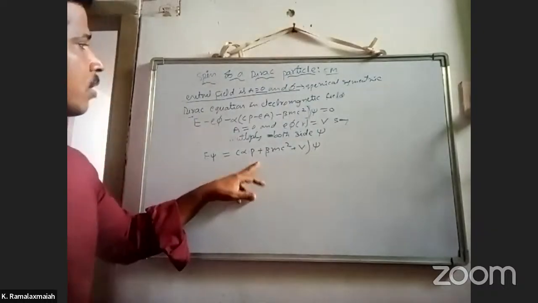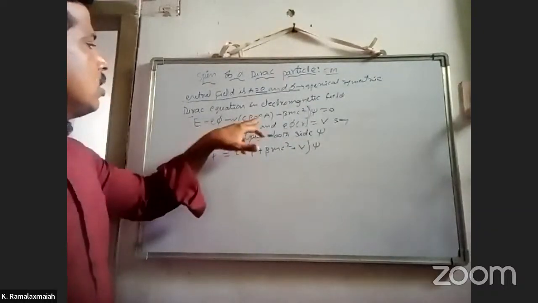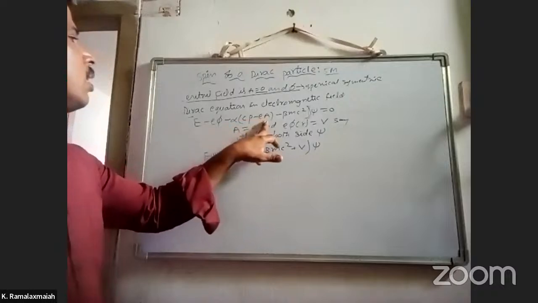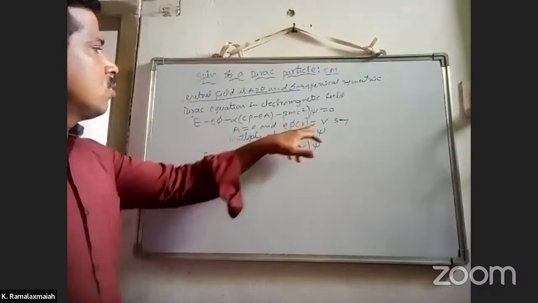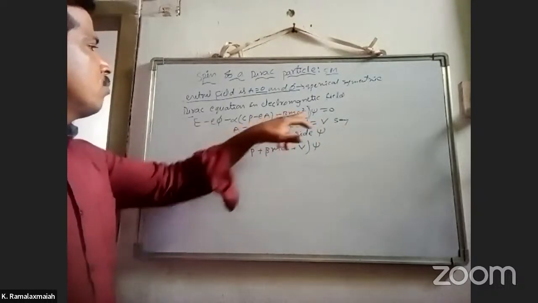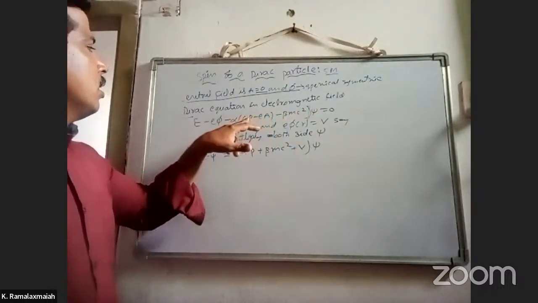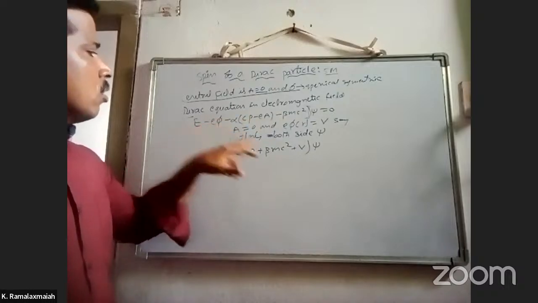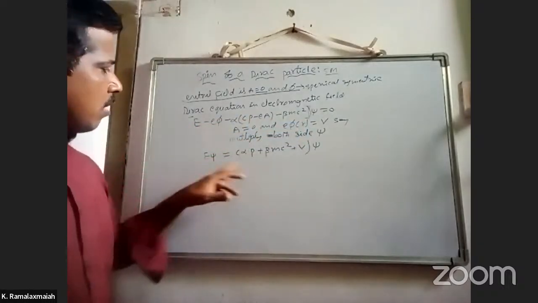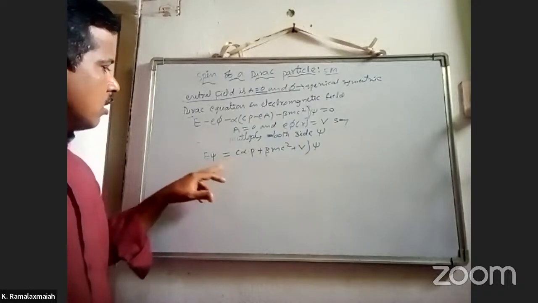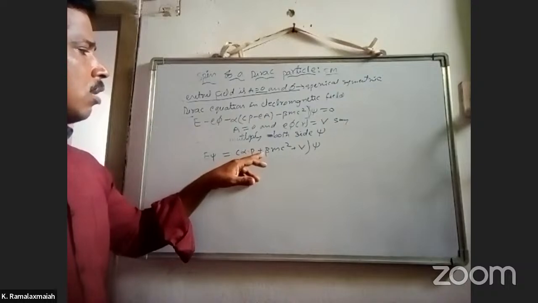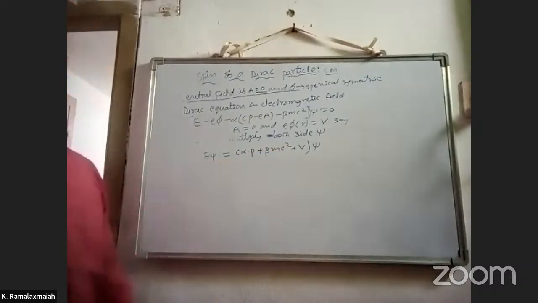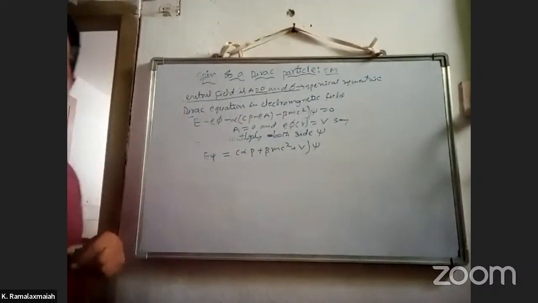Observe this formula. Here A is equal to 0, so this term is 0. Next, e phi of r is equal to V, so e phi of r multiplied by psi, this term is also 0. Remaining, the formula is E psi is equal to c alpha dot P plus beta mc square plus V of r psi.